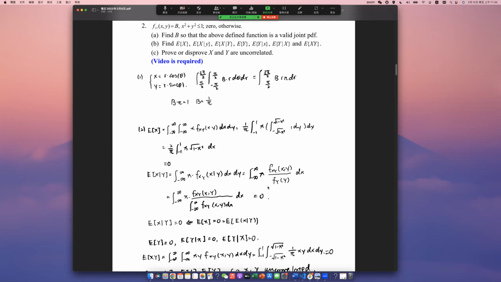So from x given y, the expected value of x equals 0, we can know that given big Y, the expected value of x equals 0.